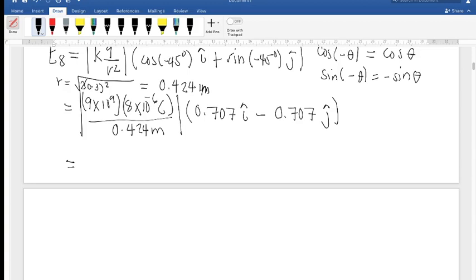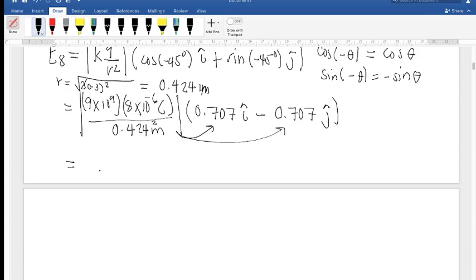then divided by 0.424 squared, so that is equal to 400,498. Please check on your calculator, then distribute this to each term. So we have to multiply by 0.707.